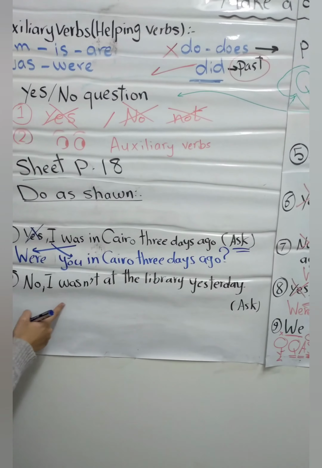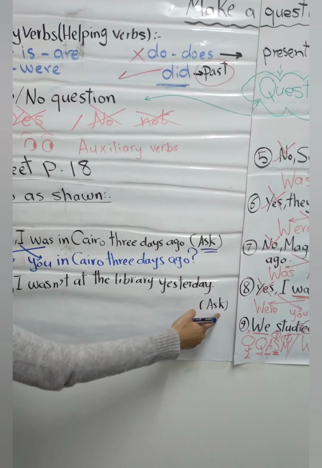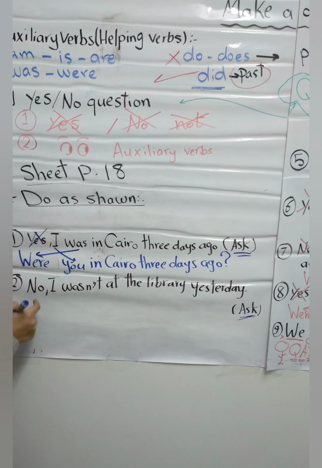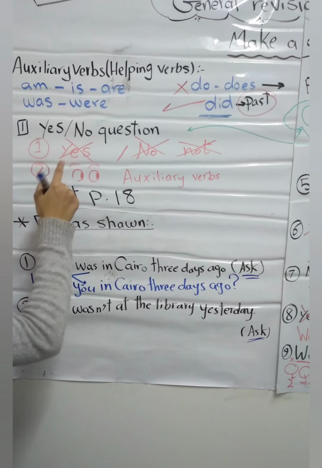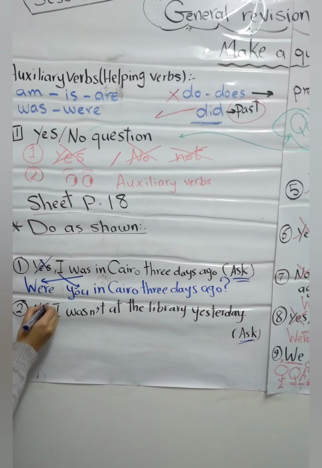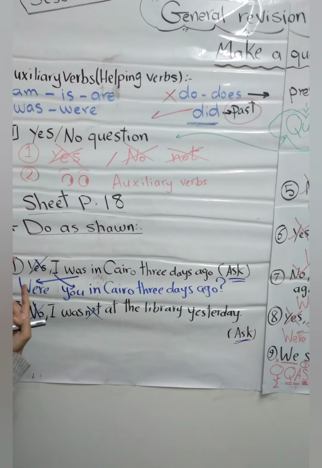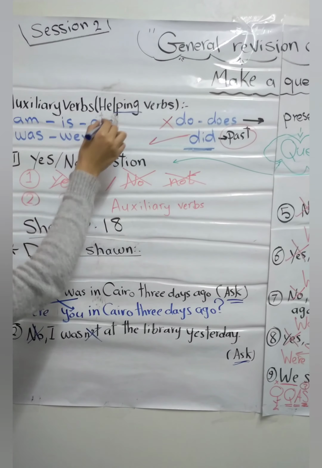Number 2, no, I wasn't at the library yesterday. He wants me to make a question. Ask. Okay, here we have no, so we have yes or no question. Step number 1, cancel no and cancel not. Number 2, search for auxiliary verb, helping verbs like am, is, are, was, were.